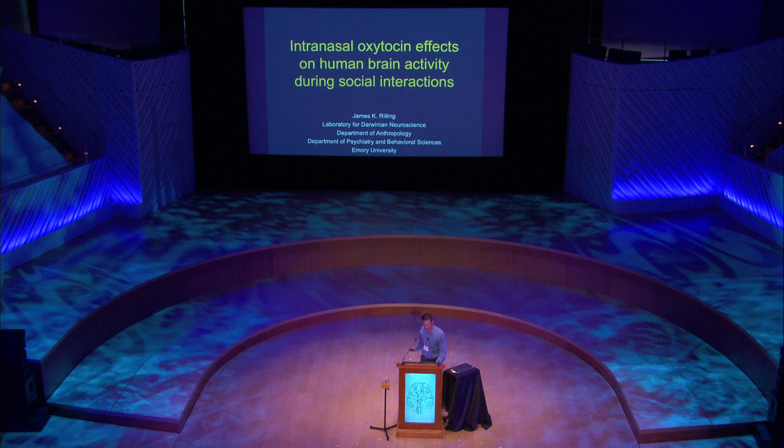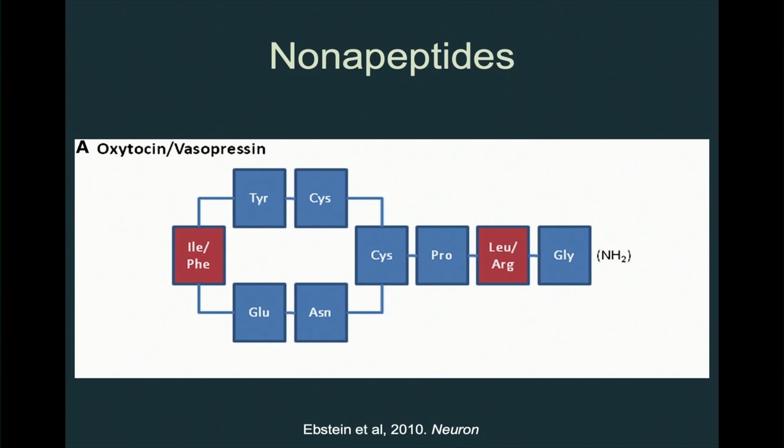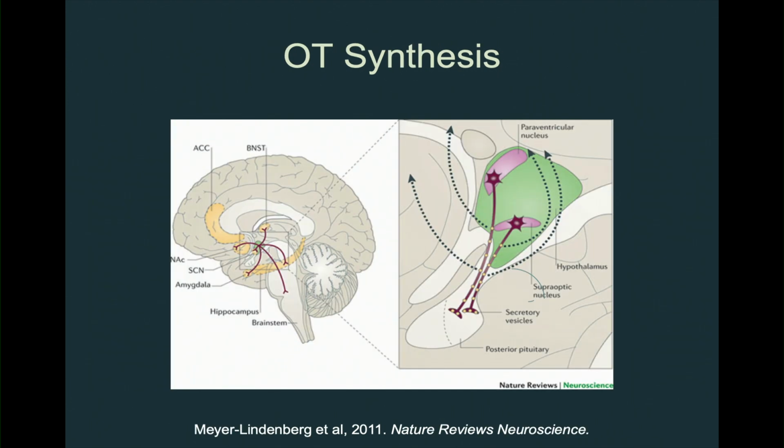Oxytocin is a 9-amino acid peptide that is known to be involved in modulating social behavior across a wide range of vertebrate species. Oxytocin is synthesized in the supraoptic and paraventricular nuclei of the hypothalamus, and it's secreted by way of the posterior pituitary into the peripheral circulation, but it's also secreted from the hypothalamus up into the brain, where it can have effects on behavior.